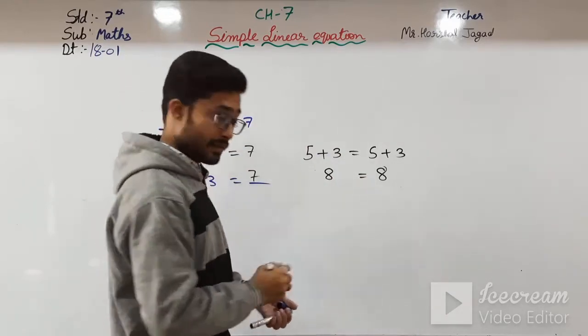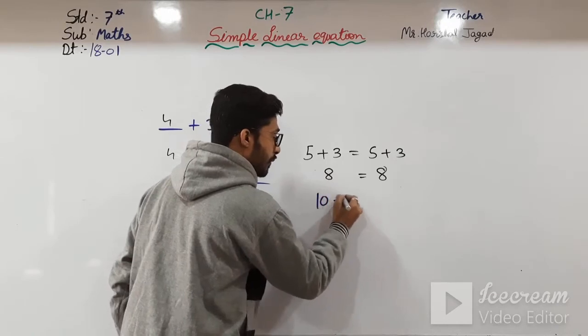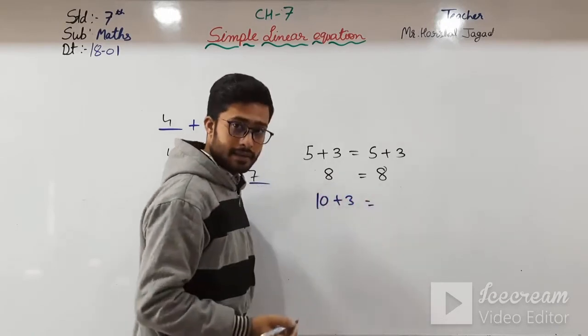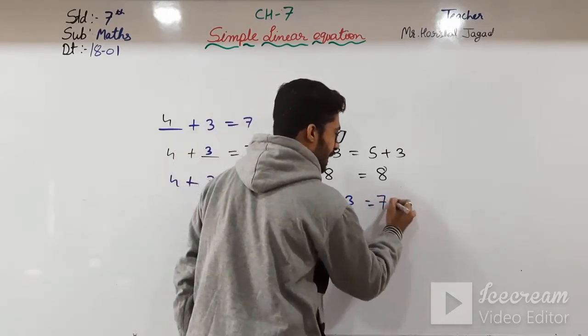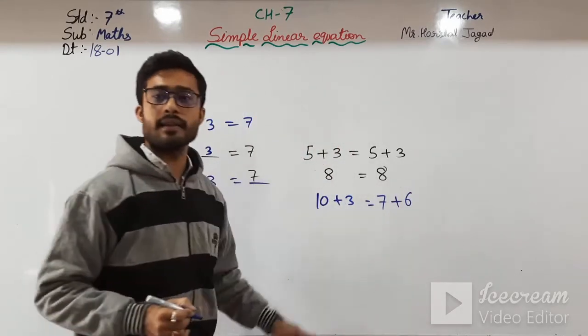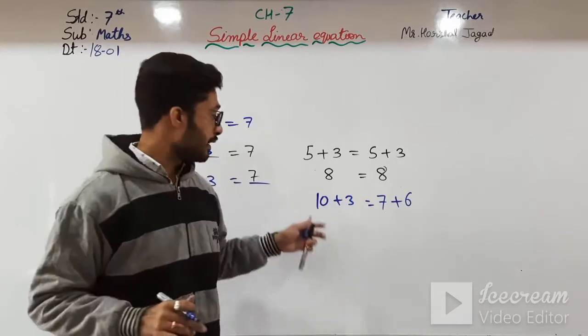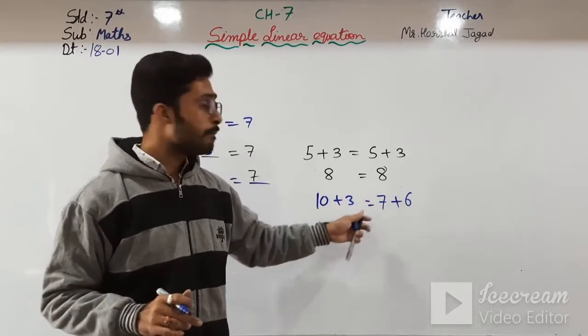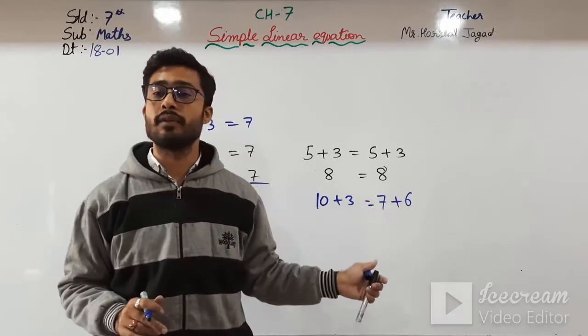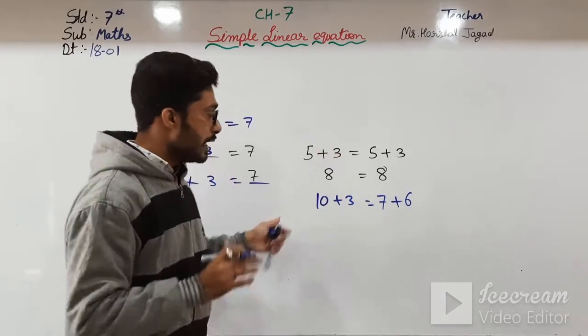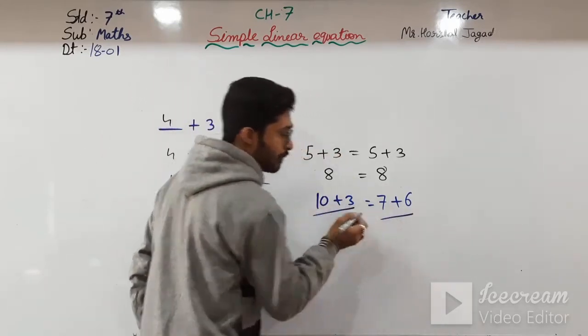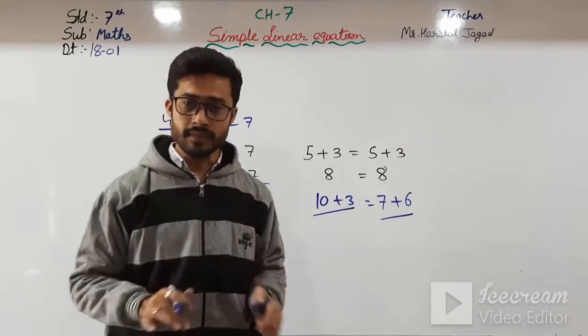We can also write 10 plus 3, that is 13, and also 10 plus 6 is equal to 13 only. Here 10 plus 3 is equal to 13, and here also 7 plus 6 is equal to 13. So you can see both are balanced and both answers come the same.